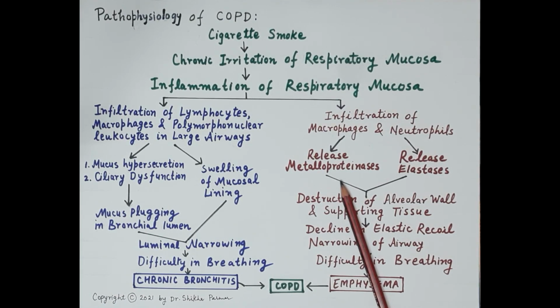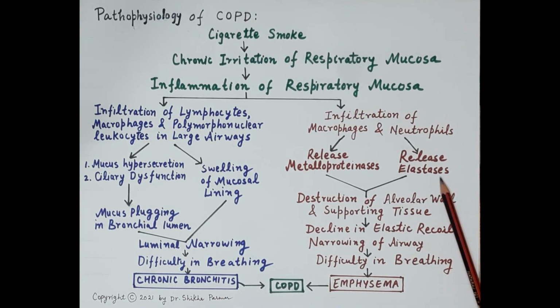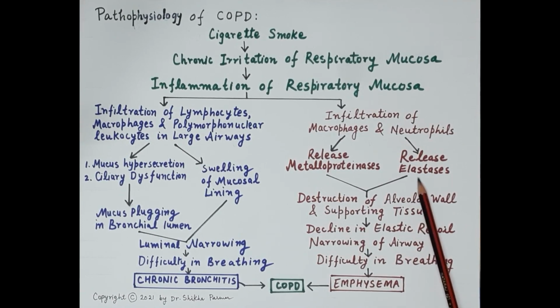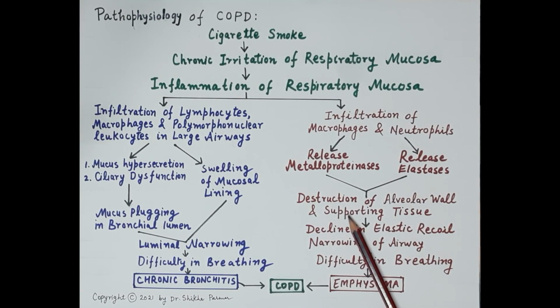So there is loss of the supporting tissue. Neutrophils release elastases. Elastase is an enzyme that breaks the elastic tissue, which is found in the walls of alveoli. So there is destruction of the wall of alveoli. These two enzymes together result in destruction of the alveolar wall and destruction of the supporting tissue.